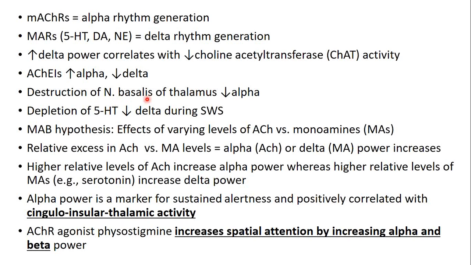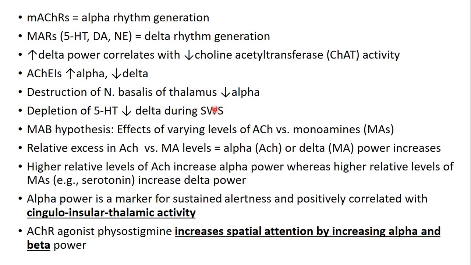When we destroy the nucleus basalis, it's known to decrease the alpha, so that's strong evidence that the cholinergic input is responsible mainly for the alpha rhythm in the state we're talking about. As we deplete serotonin, we get a decrease in delta primarily during slow wave sleep.